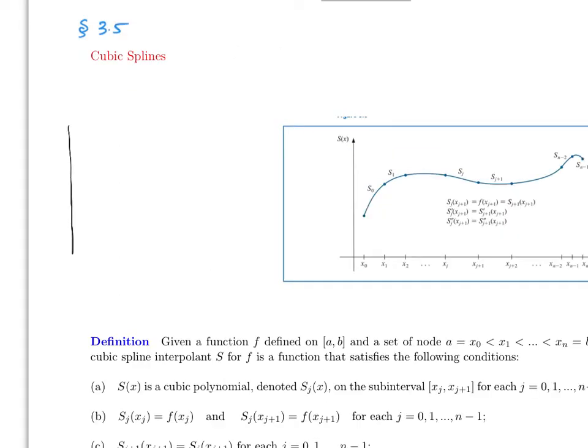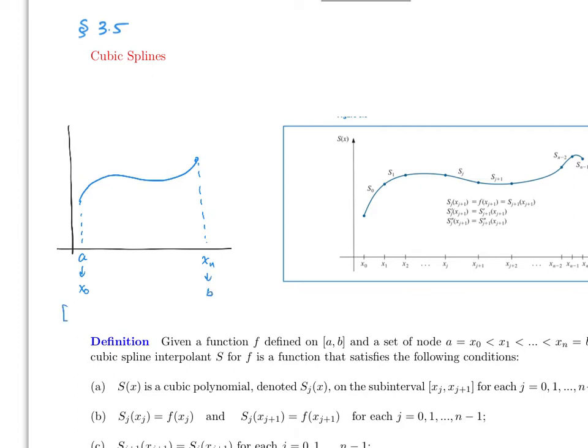Let's say that we have a function that we're trying to approximate at endpoints. So this will be a, which we also want to call x0, and this will be xn, which is also b.